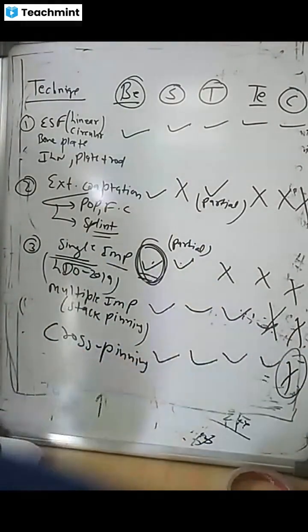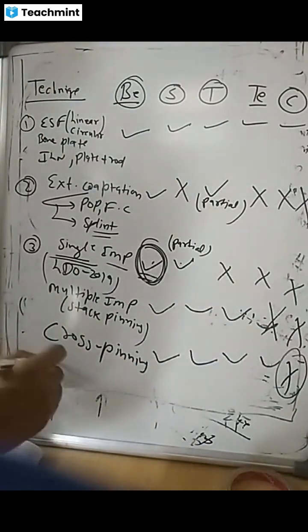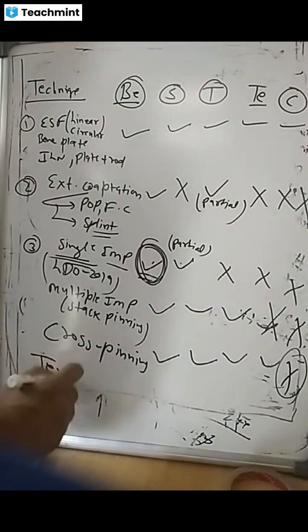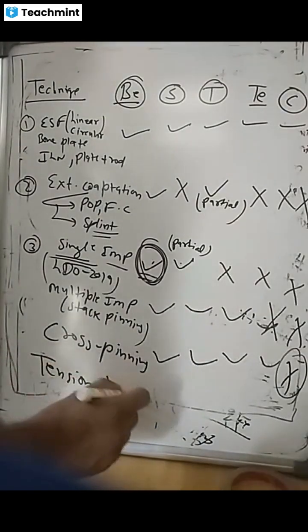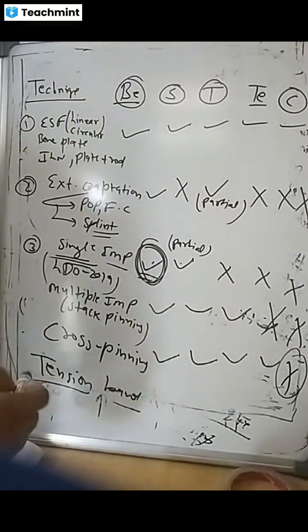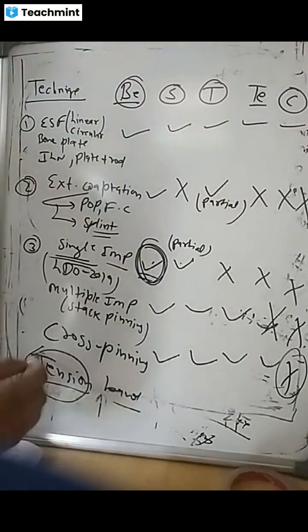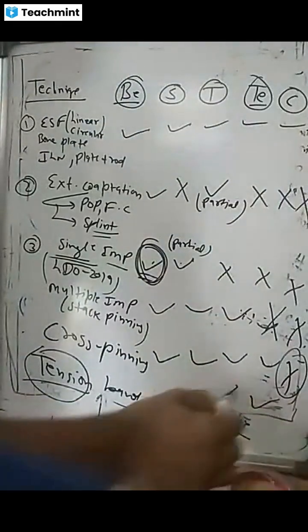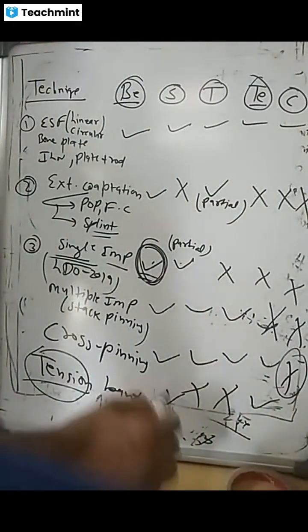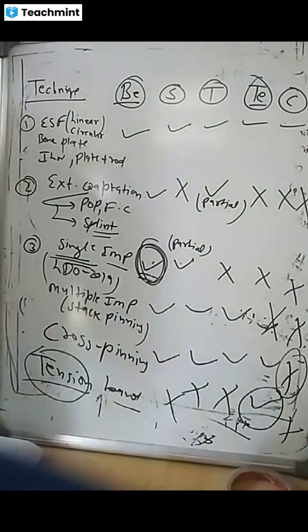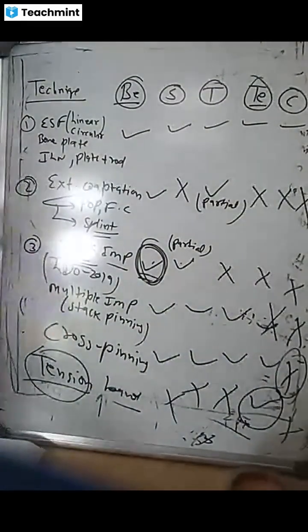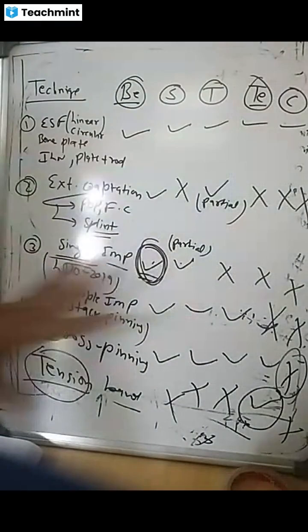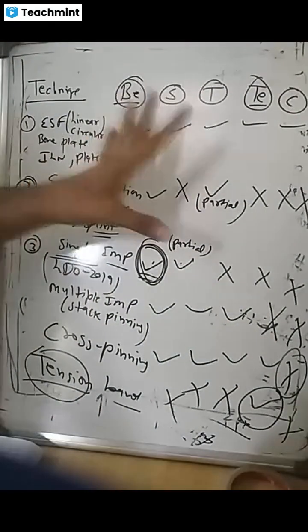The last is tension band wire. As the name indicates, tension. Like this TE, only tension force. So these are examples which will neutralize.